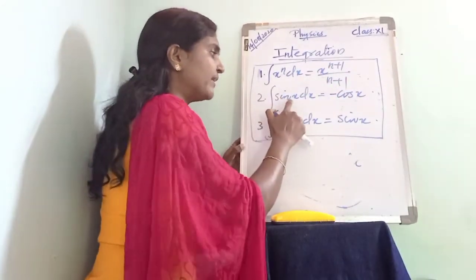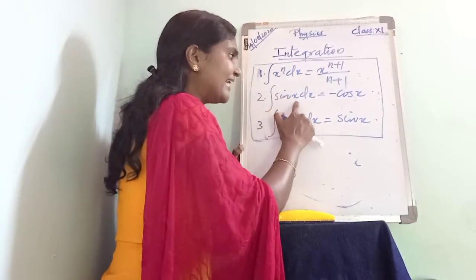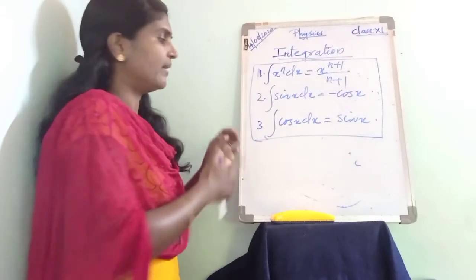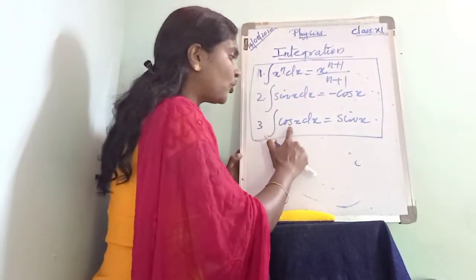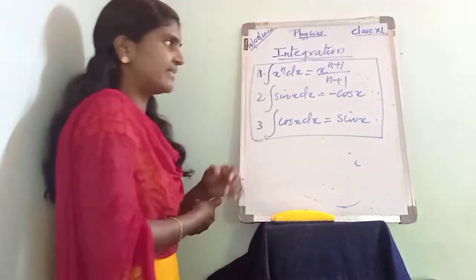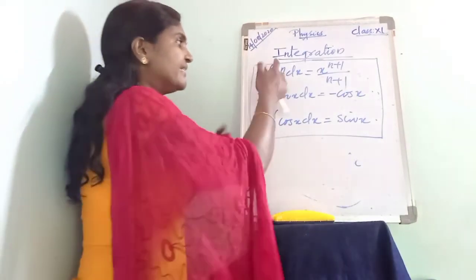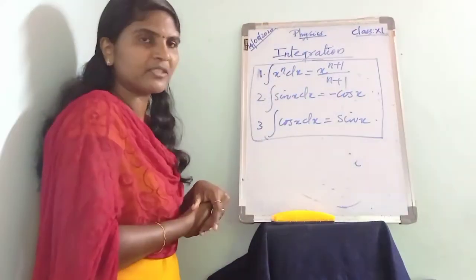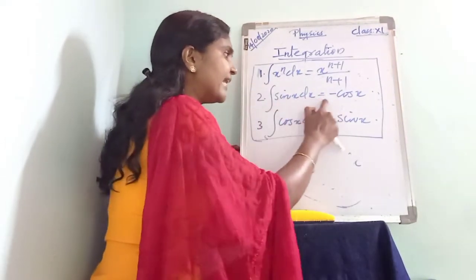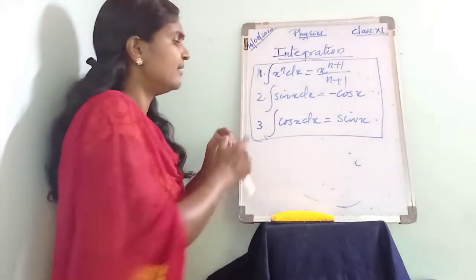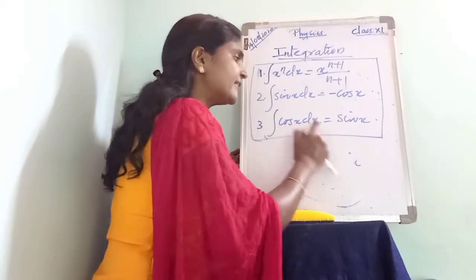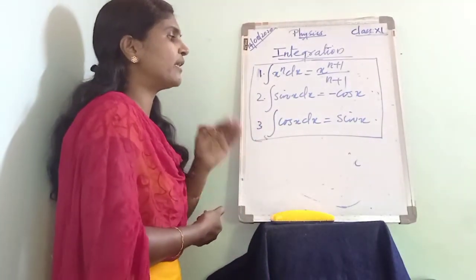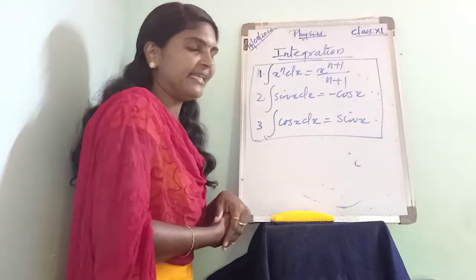Next, integral sin x dx equals minus cos x. The next, integral cos x dx equals sin x. These are the three important formulas that we use in integration.